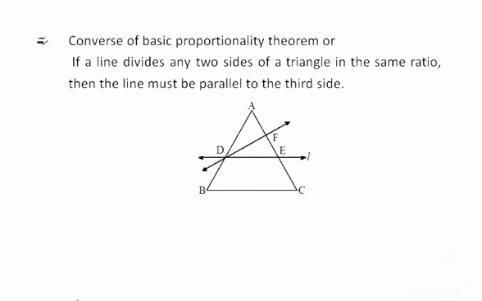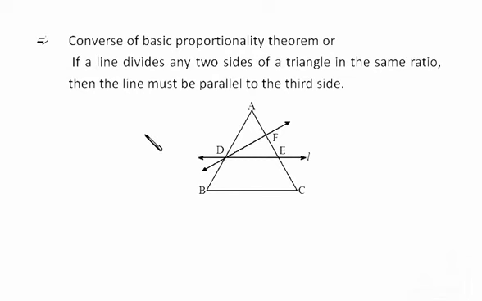Now friends, similarly we can discuss another theorem, that is the converse of BPT, the basic proportionality theorem. If a line divides any two sides of a triangle in the same ratio, then the line must be parallel to the third side. Now what is happening over here, I have a triangle ABC and line DE that is dividing the sides in the same ratio, that is AD by DB is equal to AE by EC, that is given, right?